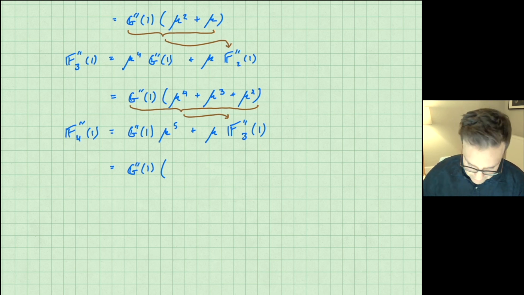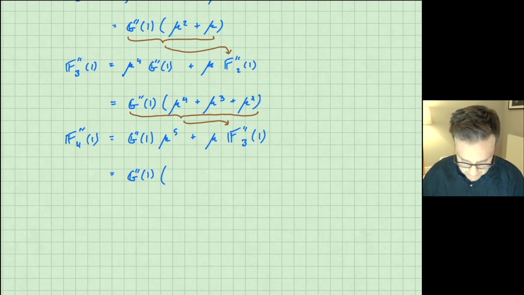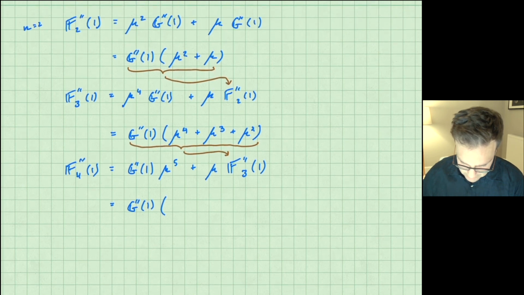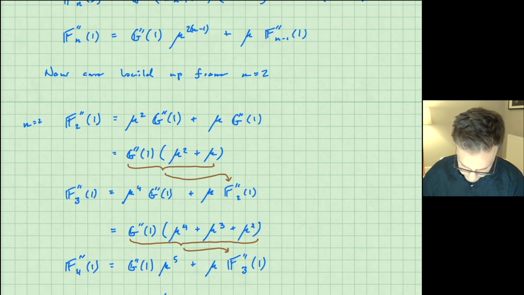Mu to the 6th. Is that right? Let's see, do I have that right? Did I skip one? Let me think here. I think I messed up. Where did I make my mistake? I think it's here.